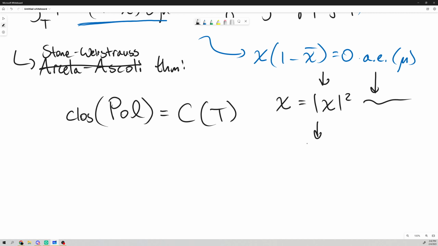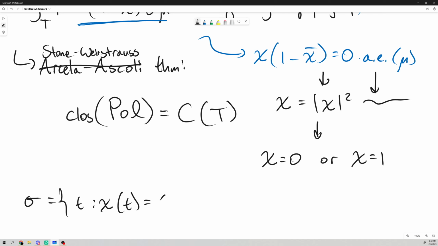The conclusion is that chi can only take on two values, 0 and 1. So I'm going to set sigma equal to the set of t such that chi of t is equal to 1. Our candidate is chi sigma, which is just chi.